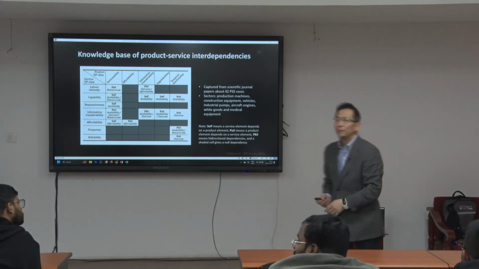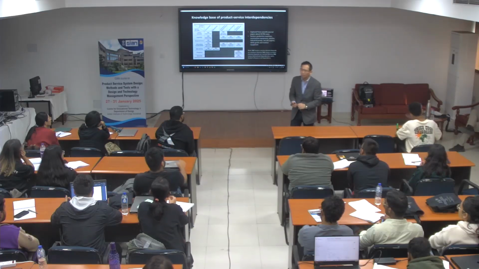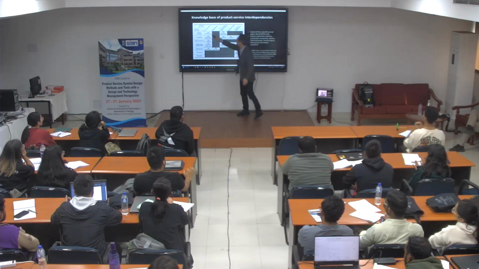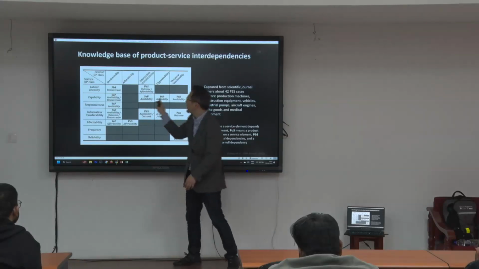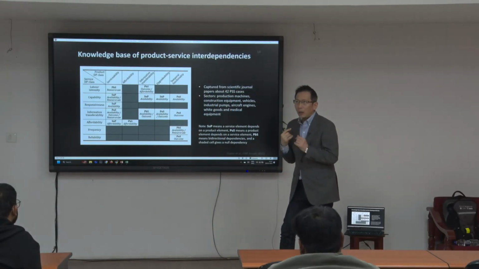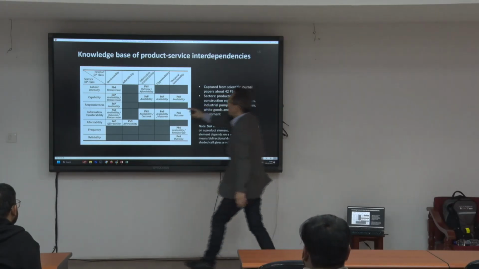So in each of those cells, what do resource use, affordability, and outcome mean? Okay, so resource use, outcome, affordability, etc., are attributes for the PSS.